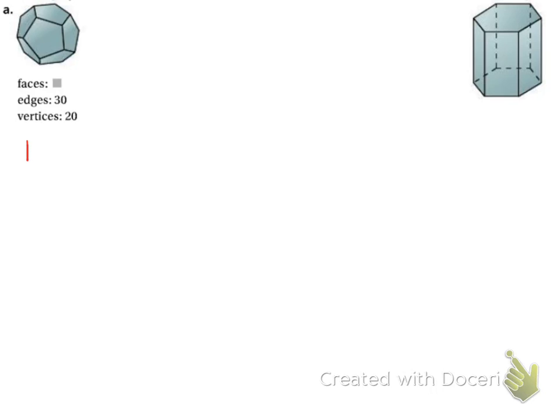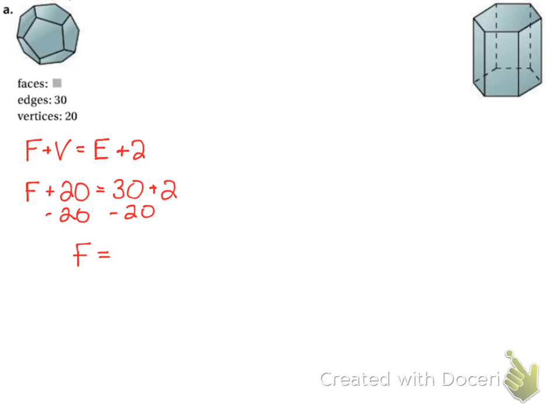So faces plus vertices equals edges plus 2. For this one, I don't know how many faces I have. I have 20 vertices. I have 30 edges plus 2. And so I can just work my way backwards, subtract this 20 to the other side, and get that this thing is going to have 12 faces.